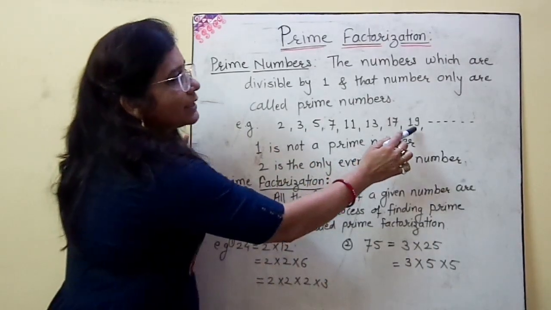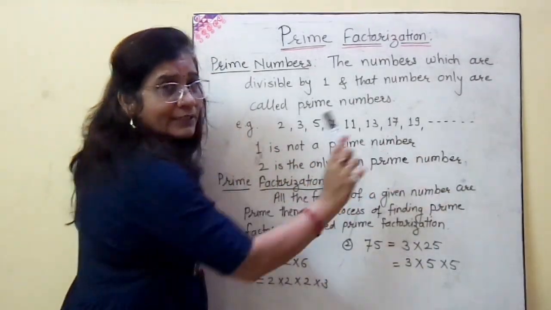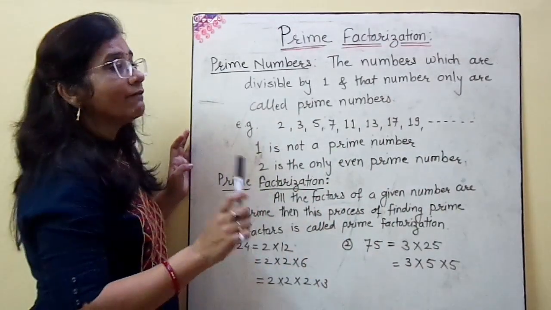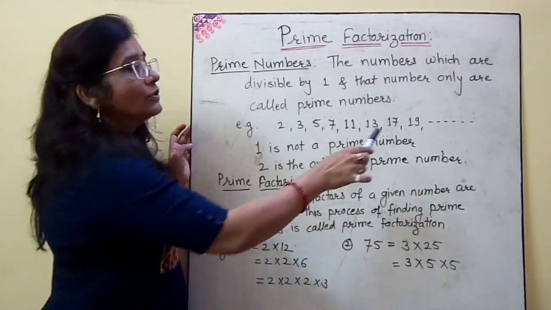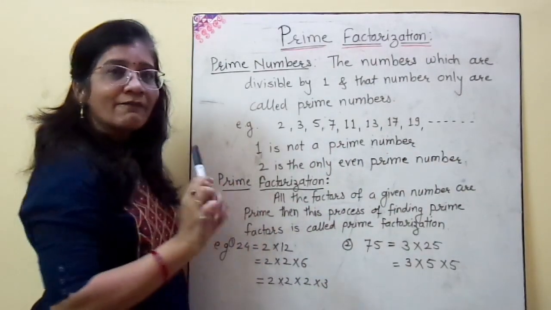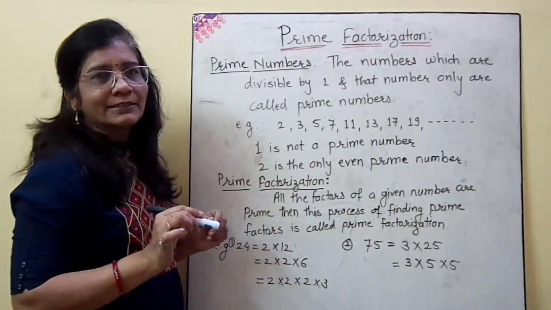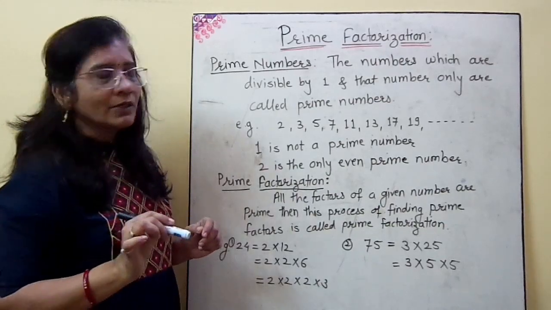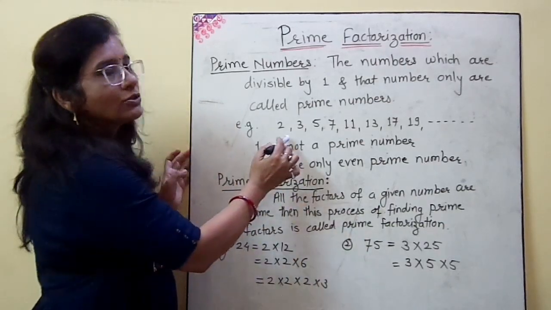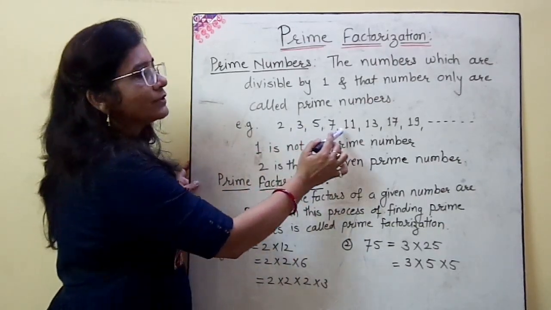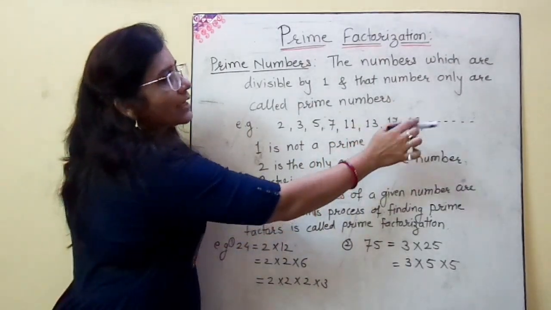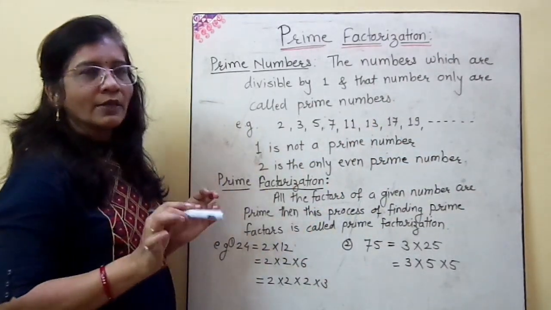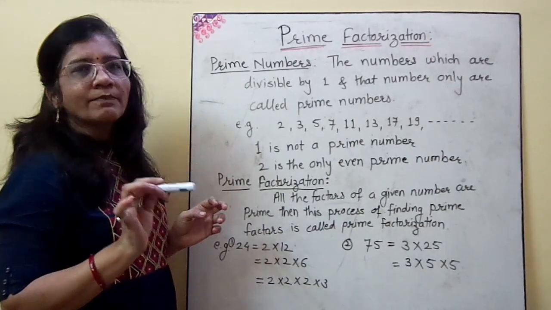Now if I consider 19, it doesn't have any other factors than 1 and 19. So 19 is divisible by 1 and 19 itself only, and so this is a prime number. So I make here the list of prime numbers: 2, 3, 5, 7, 11, 13, 17, 19 and so on. You can find different prime numbers.